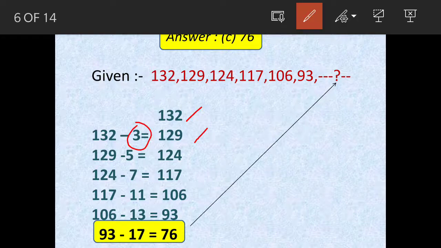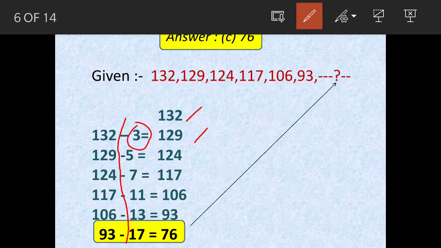Point to note here is that for any series type question, you have to work out differences in the consecutive terms or alternate terms. When we work out differences, you'll note that all these differences are actually in a sequence of prime numbers. That means 3, 5, 7, 11, 13. They're all prime numbers, and after 13, the next prime number is 17.